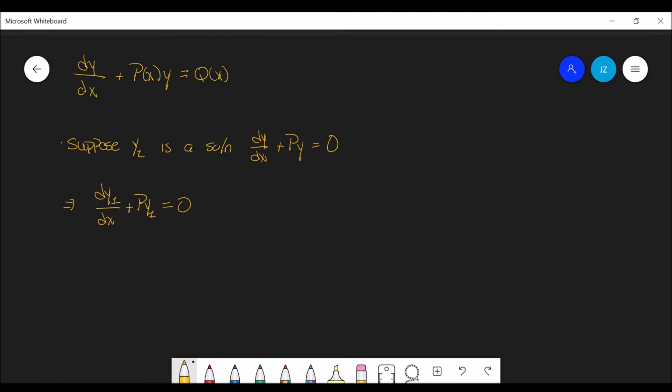Now, since this is linear, there is only one solution. So the general solution is given by C1 times y1.